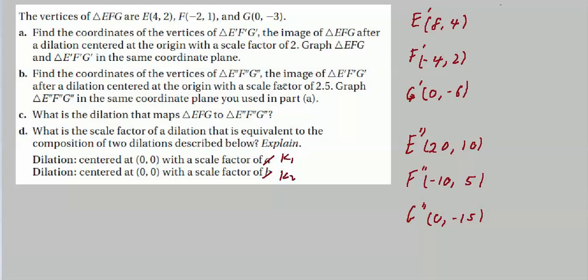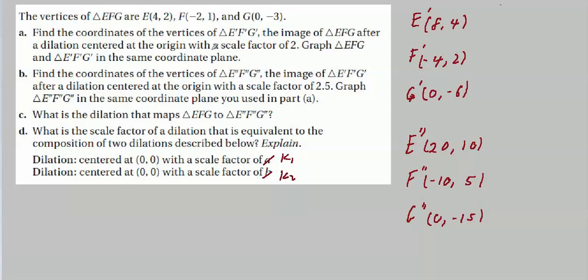If we wanted to go directly from EFG to the double image, E double prime, F double prime, G double prime, or maybe I could just write EFG double prime, we can just use one scale factor, which is equal to the product of these two. That's what I would claim. In fact, I've said it before. Let's prove it, or at least see if it's true in this case.